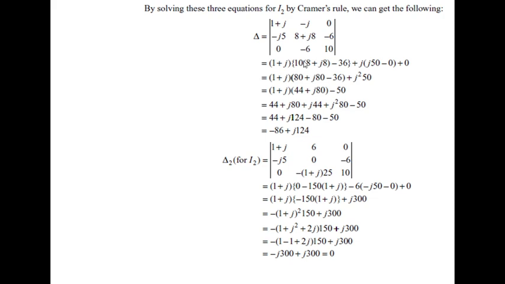Yes, I think this is wrong. It may be wrong, I don't know. You will check it. This is delta, this is delta 2. You know that delta 2 by delta will give the actual I2.